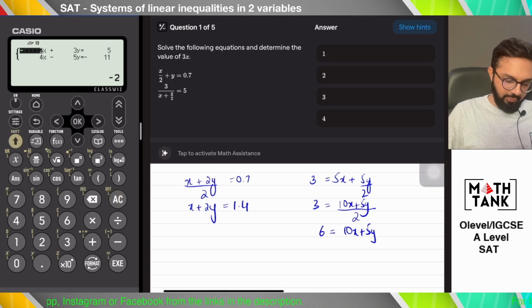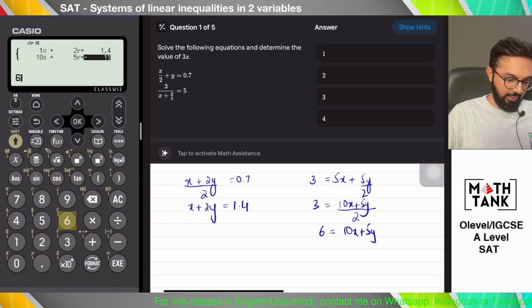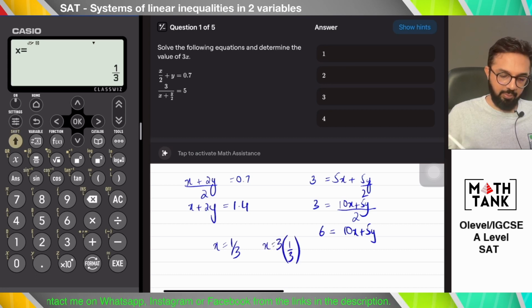Okay, so let's try solving on a calculator then. That's the easy way of solving simultaneous equations. 10, 5, and 6. So x comes out as 1 over 3. So what's 3x? 3x is 3 times 1 over 3, which is 1.